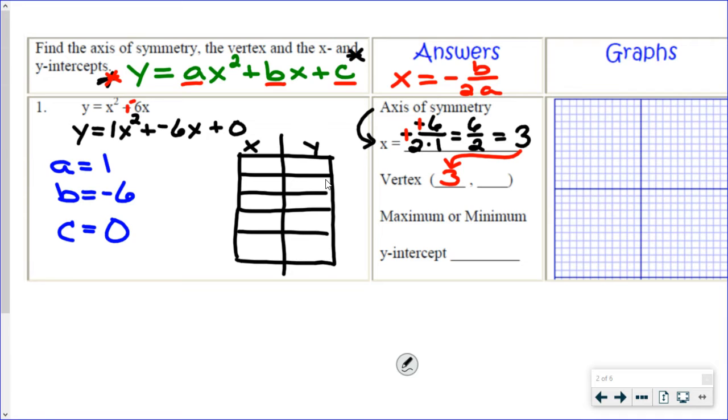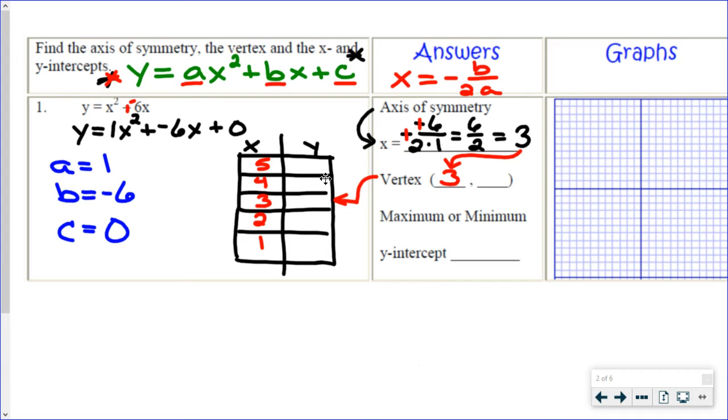Okay. And then put a little arrow. The vertex is going to be right there in the middle. Okay. So that's the number that goes in the middle under the X column because it's an X equals. Okay. Then I'm going to go up 2 and down 2.